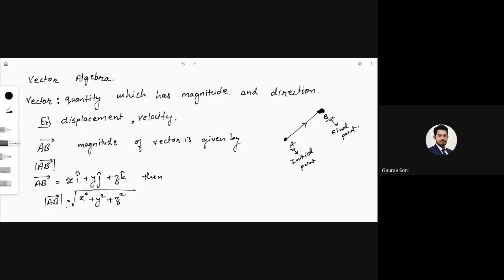So when you take mod of a vector, it is under root x square plus y square plus z square. This also graphically represents length of the vector AB bar. So direction of this vector is starting from A and ending at B. The starting point is called the initial point.